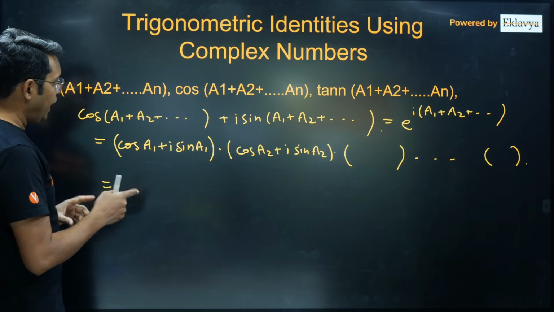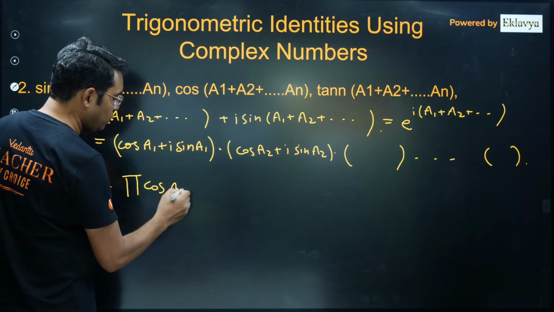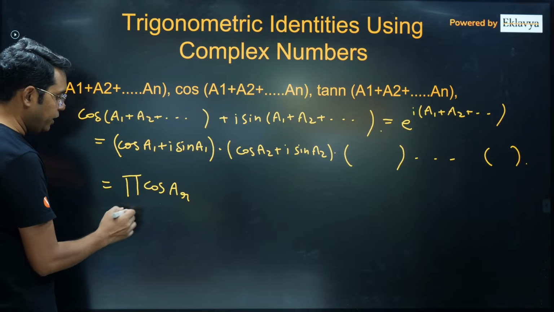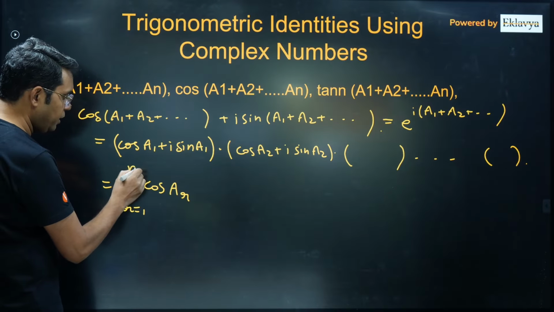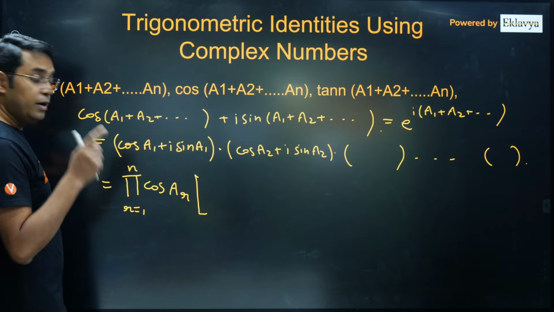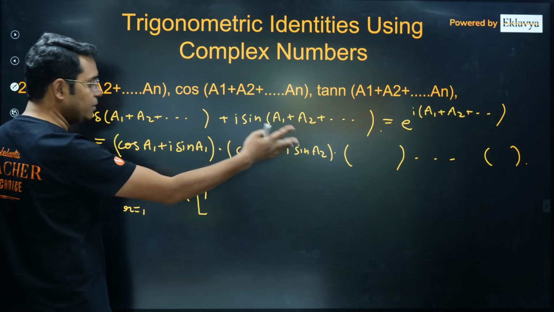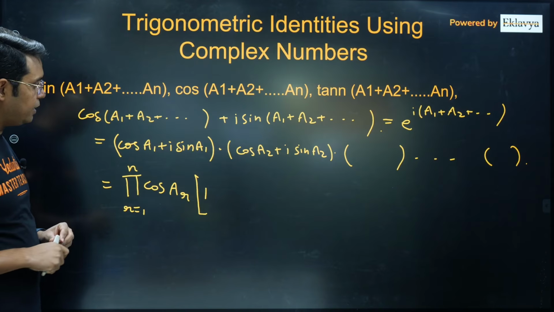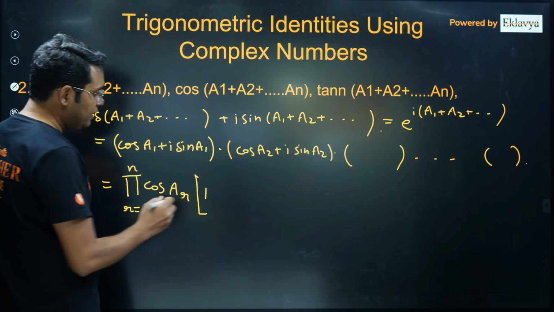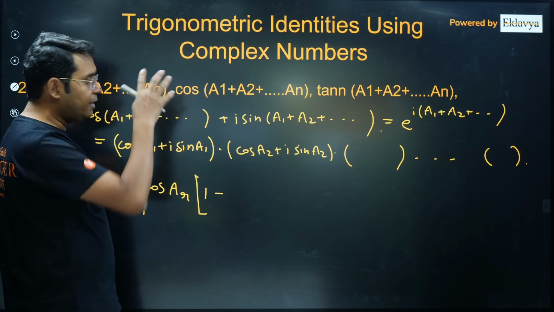Please understand. I am going to take the product of cos A1, A2, A3, all as common. So this will be the product for r equal to 1 to n. And now please understand, the first term of the real part would be 1 only, because when all cos are multiplied, you will get that in the real part. First I am writing only the real part. The second real term would be when you are multiplying 2 sines and the remaining cos.